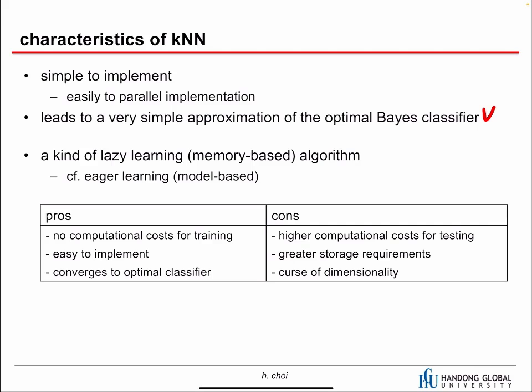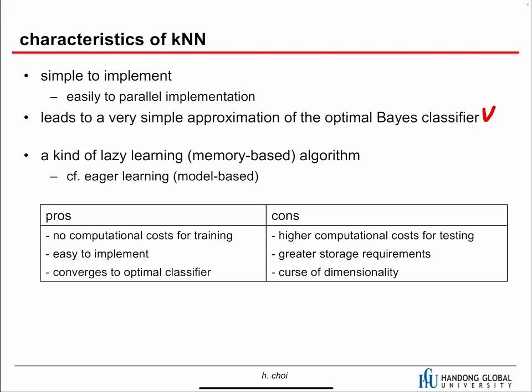And the kNN approaches, okay? If we have infinitely many training samples, and if we can calculate all the distances, if it is doable, then it is the optimal classifier. But there are two problems. First, we don't have that many training samples.